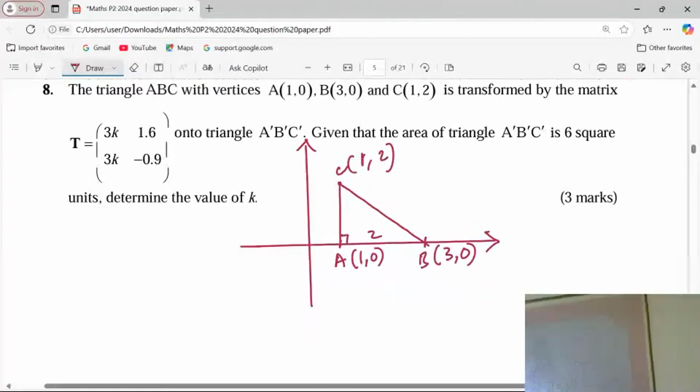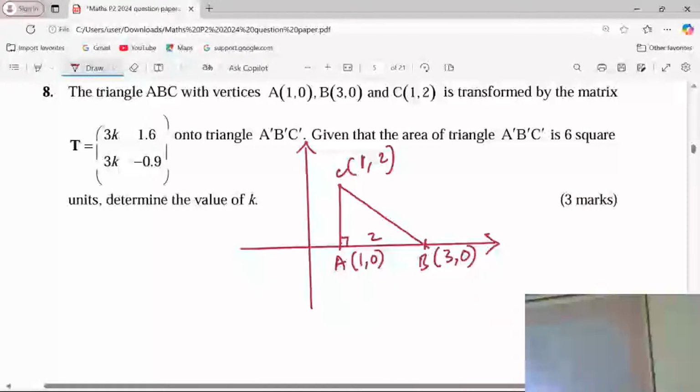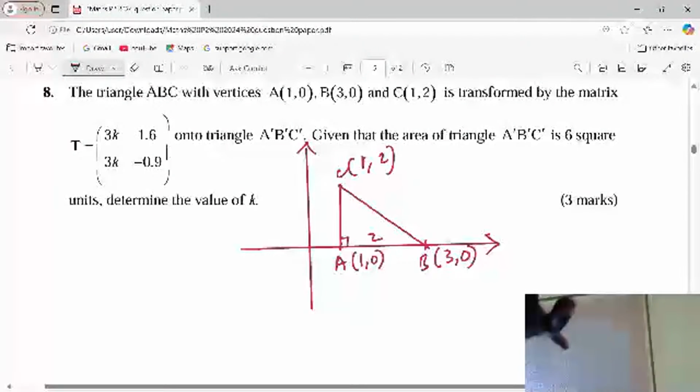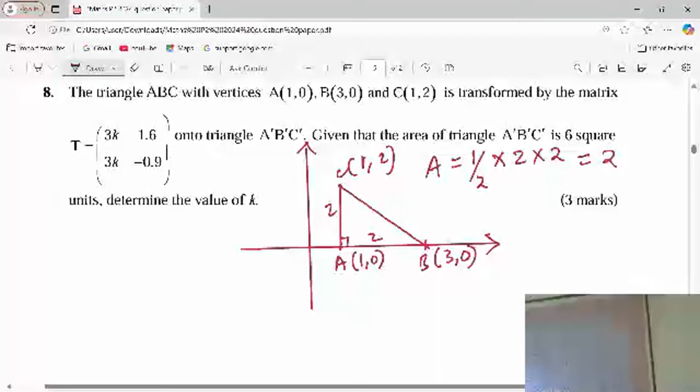Then again, upwards from point A, which is at y equals 0, to point C, where y is 2 units along this side. And so the area of the triangle is half base times height, which gives us 2 square units. So the area of the object equals 2 square units.